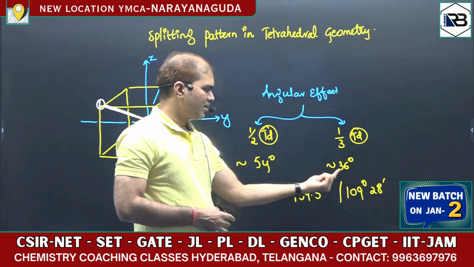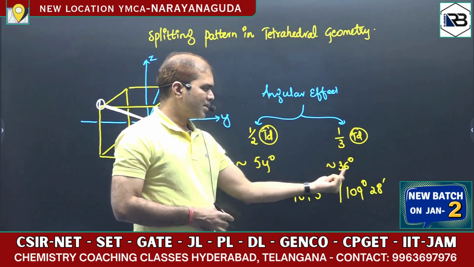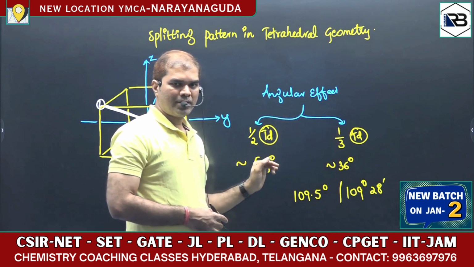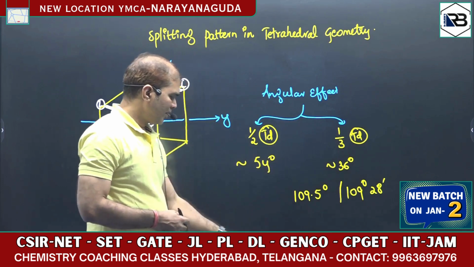So the orbitals making a 36 degree angle with the ligands will have greater repulsions in comparison with the orbitals making a 54 degree angle.